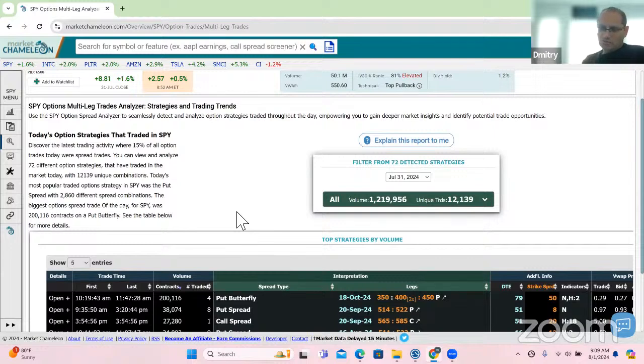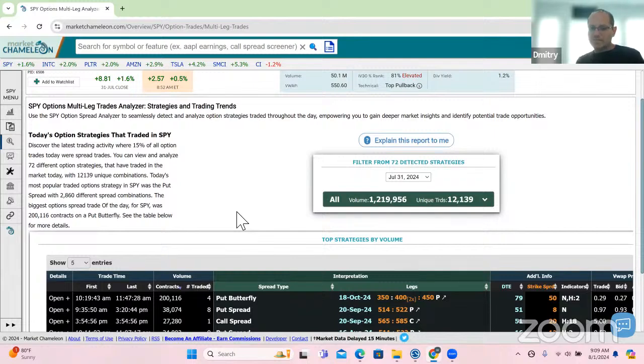However, most brokers allow you to enter a complex order or multi-leg.